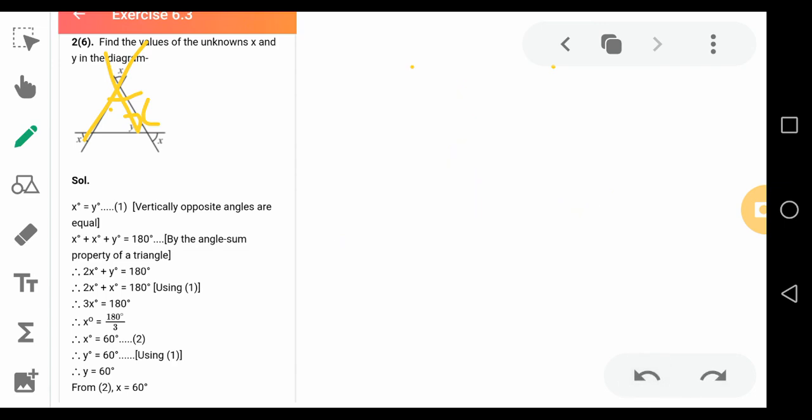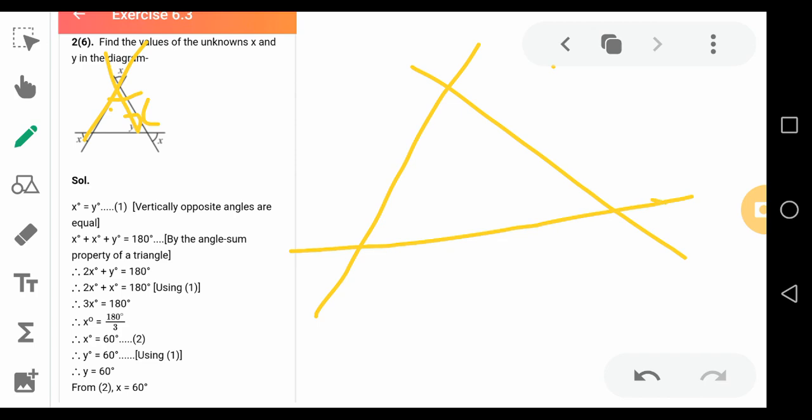Okay. So here x, so inside is x. Here x means this is also x. Here x means inside also x. So what did you get?